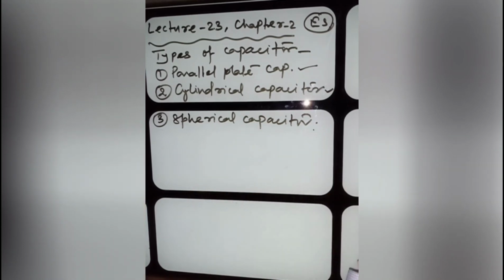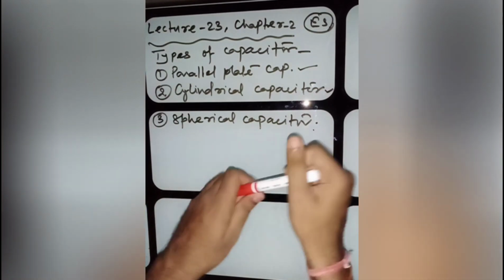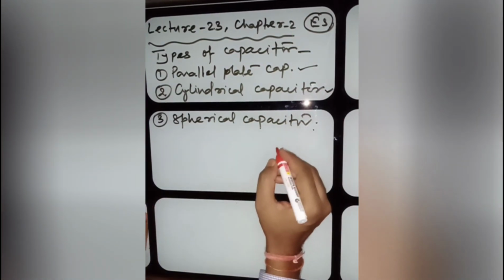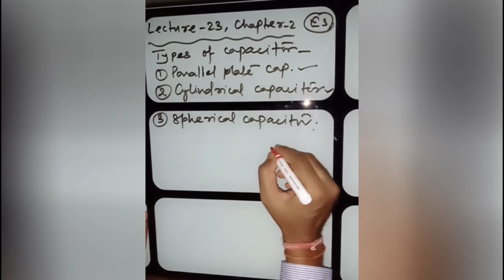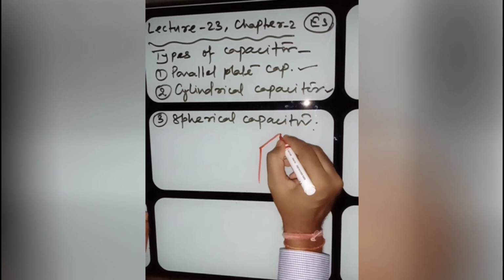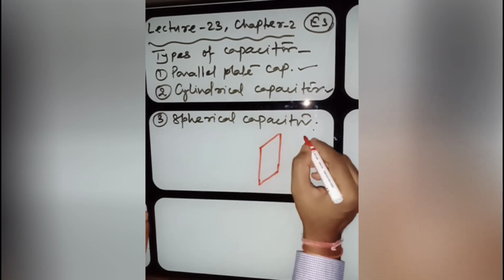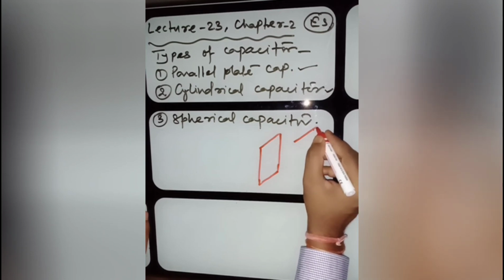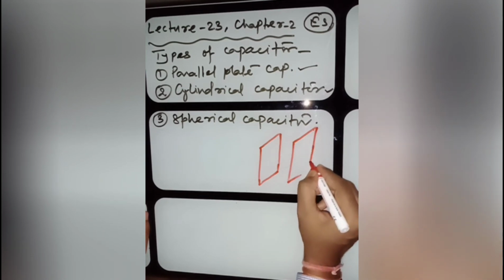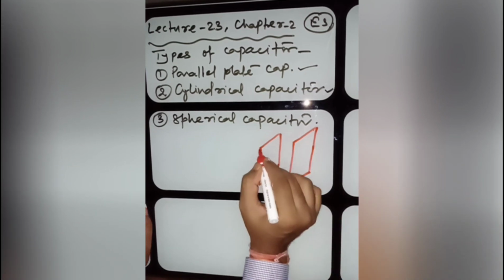So look at here carefully. This is a parallel plate capacitor. Suppose this is the structure. I'm not drawing here the three-dimensional picture, because you might be confused.